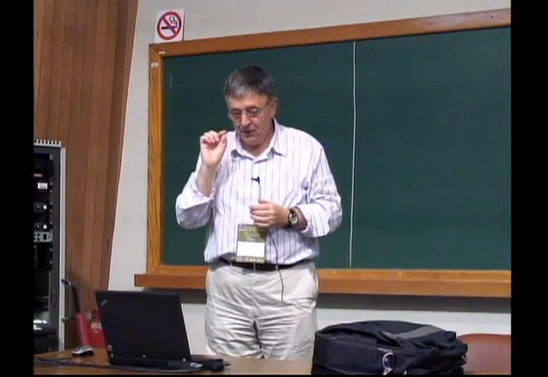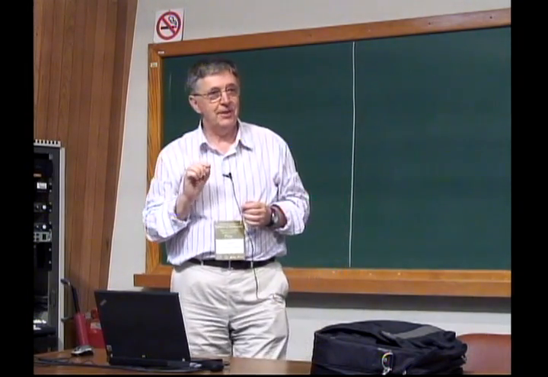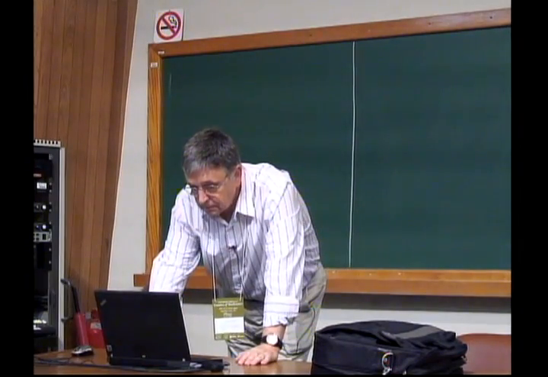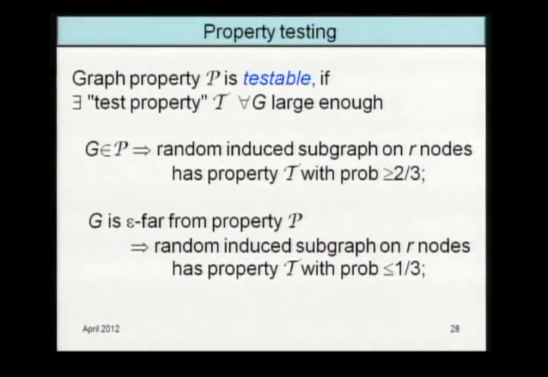So anyway, property testing for this very simple property is actually quite an interesting and tricky business. So here is now the definition. We call a graph property testable if there is another property, which we call the test property T, so that if we have a large enough graph, and the graph has the property, then a random induced subgraph of it has the property with probability at least 2/3, say.